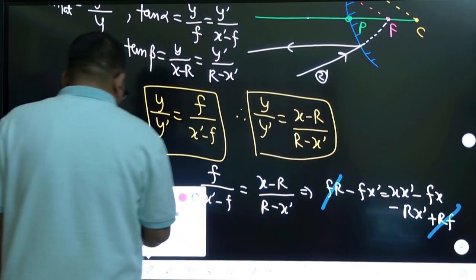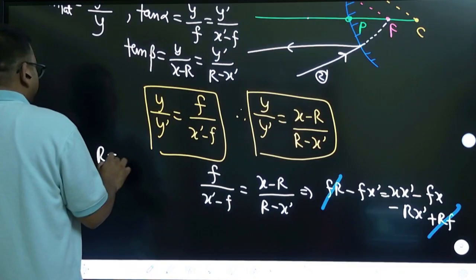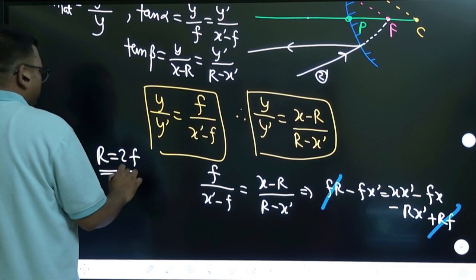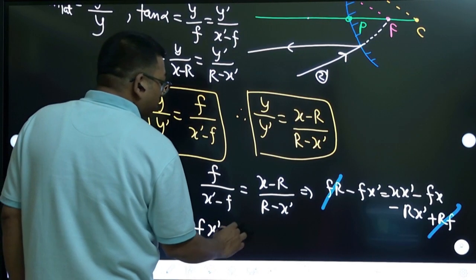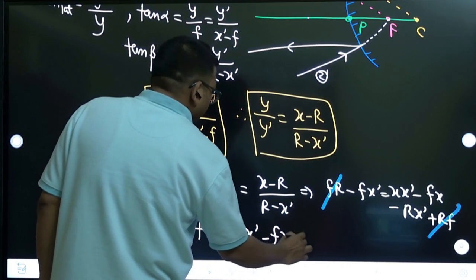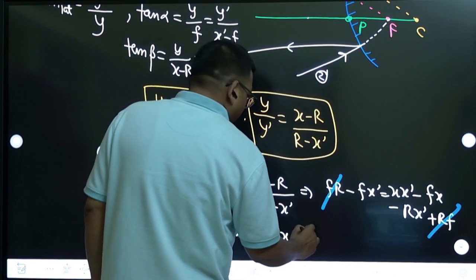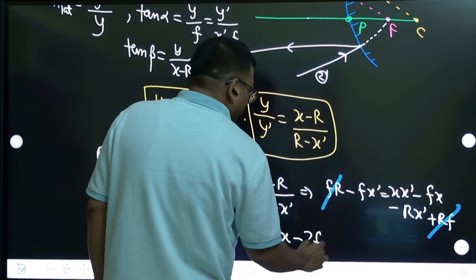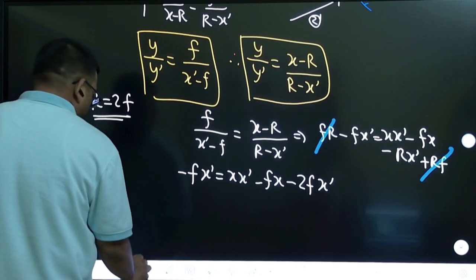Also note that the radius is 2 times the focal length, so let us substitute that. So minus f x dash is equal to x dash x minus 2f x dash minus f x.